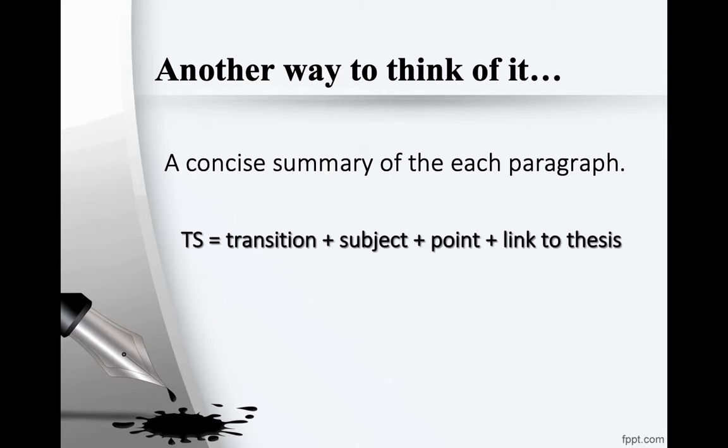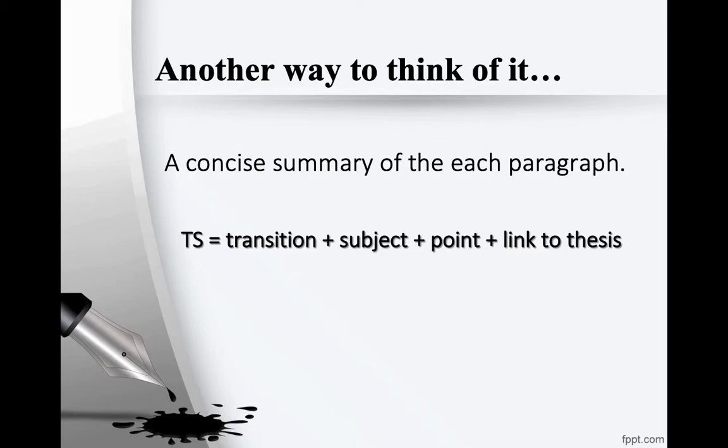For those of you who may think more in formulas, a topic sentence would contain the following parts in order to be highly effective. It needs a transition. This will help link between the thesis and the supporting point that is identified in the topic sentence.